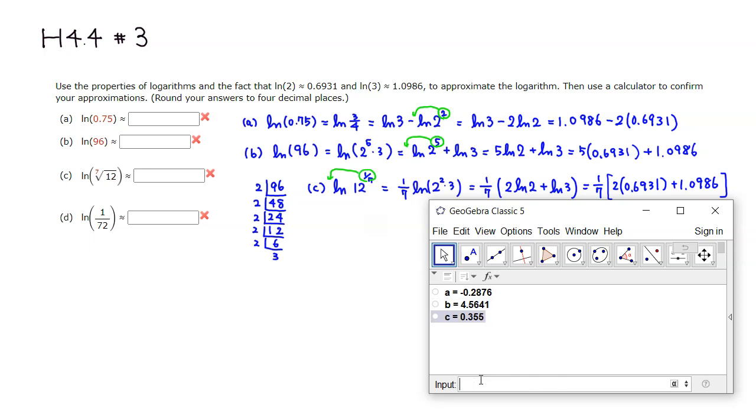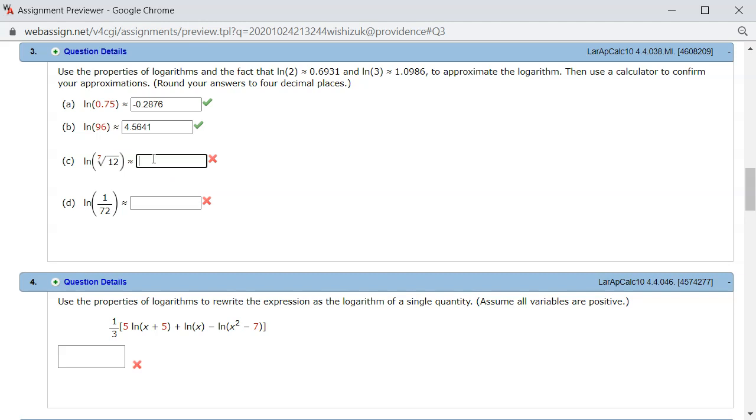Then hit enter. Now we got 0.355. So we're going to put 0.3550. Let's check the answer. I came back and it looks like we got part C correctly.